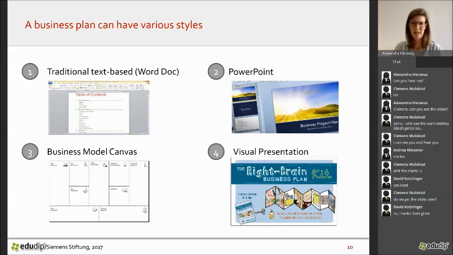So it's quite different from the other styles, and not to be recommended for complex or technical ideas. But for example, for creative projects or youth projects, where you're talking to people that find the style appealing, it might be something that you find interesting.